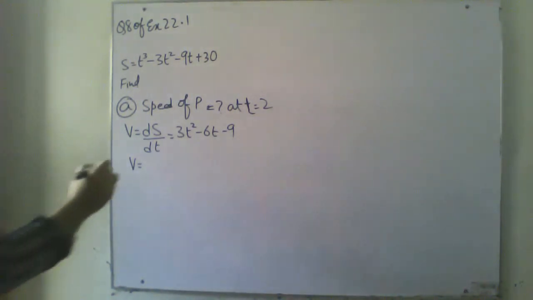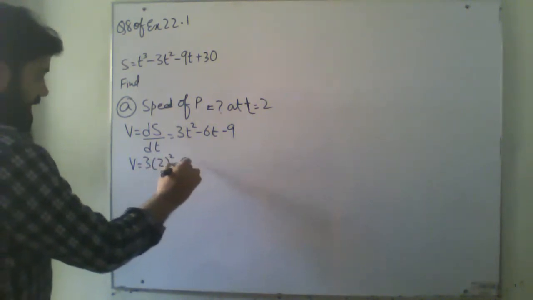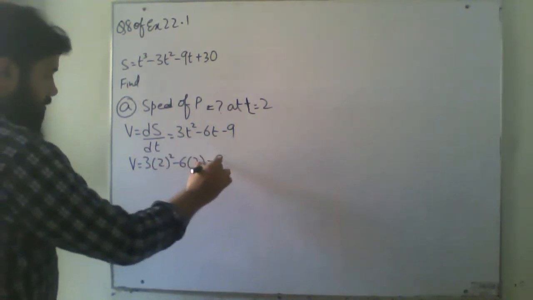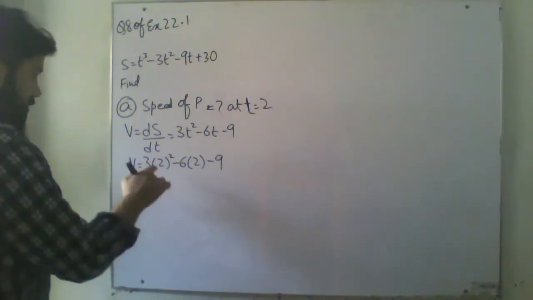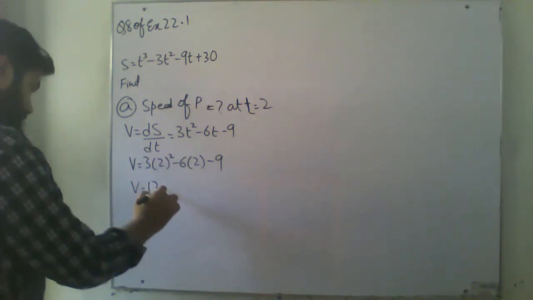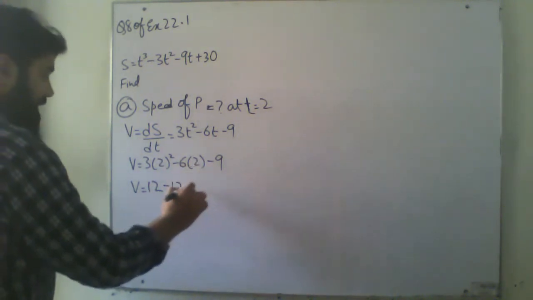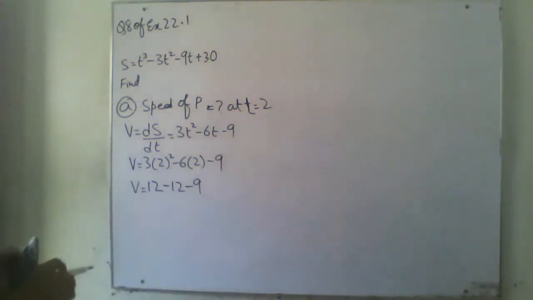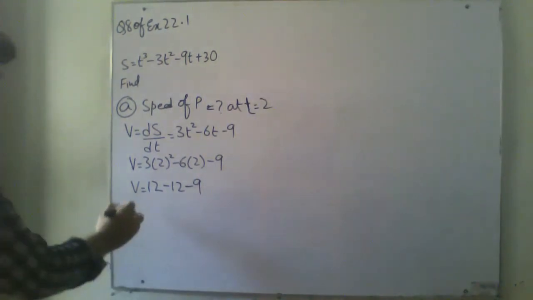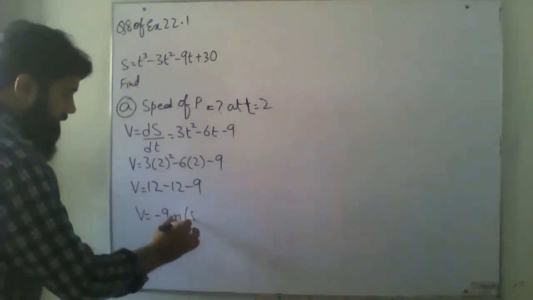Now 3 times 2 square minus 6 times 2 minus 9. So 2 square is 4, 4 times 3 is 12, minus 6 times 2 is 12, and minus 9. When I simplify it, the result is v equals minus 9 meter per second.